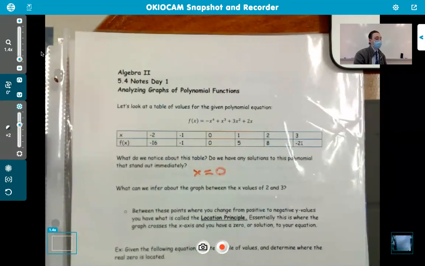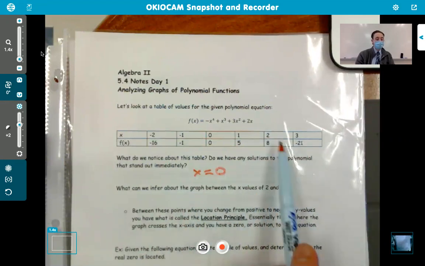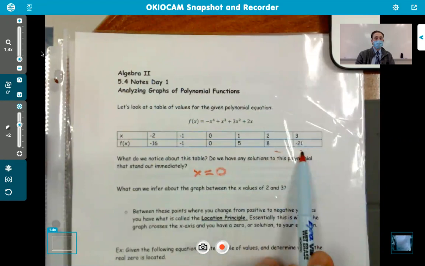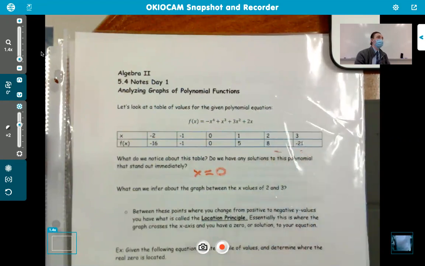But my follow-up question is, is that our only solution? Because what can we infer about what's going on between the values of 2 and 3 on my x-axis? What can you notice that's a difference in the y values between 2 and 3? One positive, one negative.